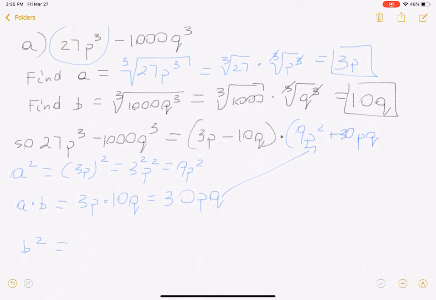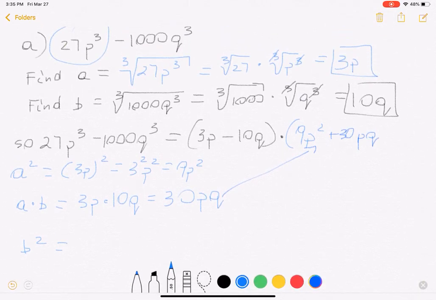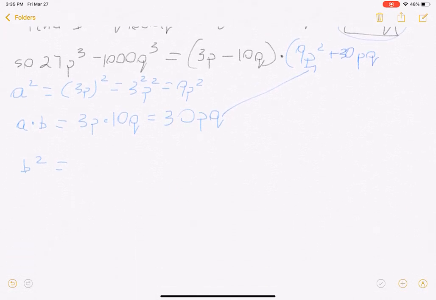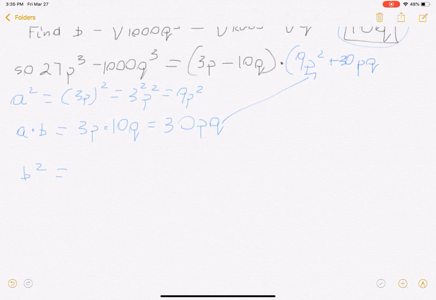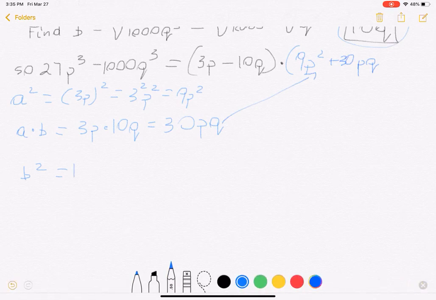In our case, B is 10Q, so we need to square it. Take the 10Q and bring it to a second power. Don't forget to distribute that exponent to both. So that means 10 to a second power times Q to a second power. So we're getting 100Q squared.